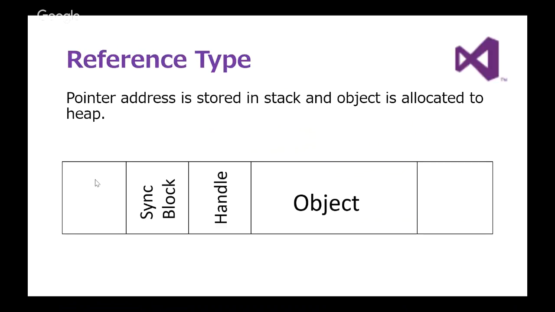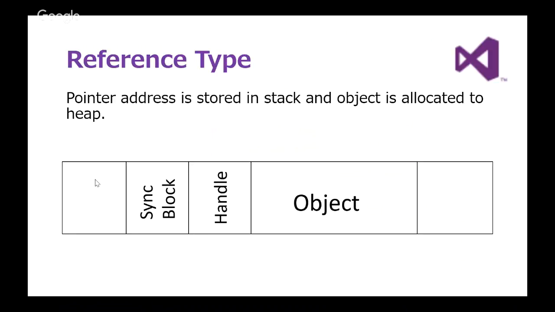And what's a reference type? From the stack's point of view, inside the stack we do not store the actual data, because it's not a value type. What we have in the stack is only the memory address, AKA a pointer, right? And that pointer points to the object in the heap.